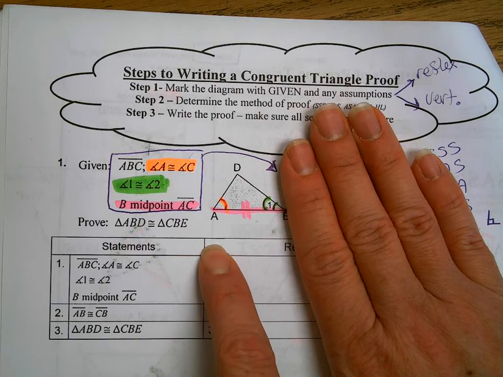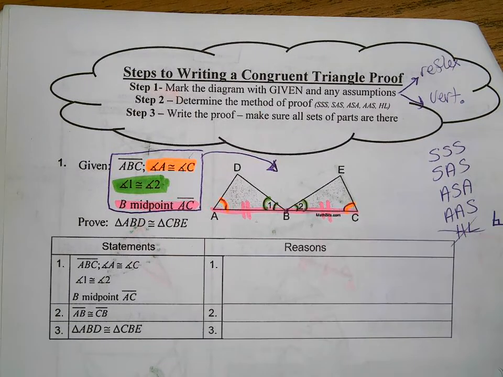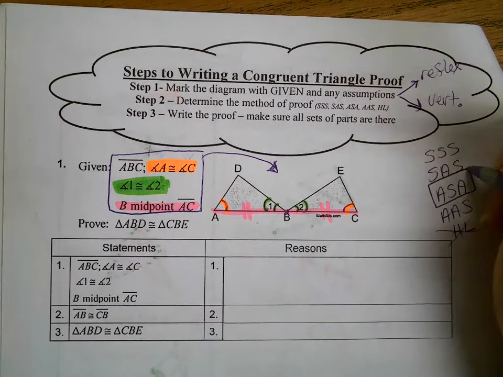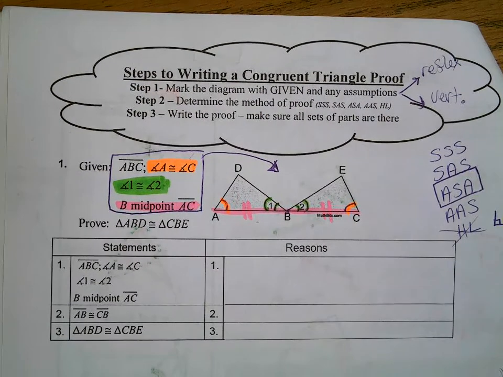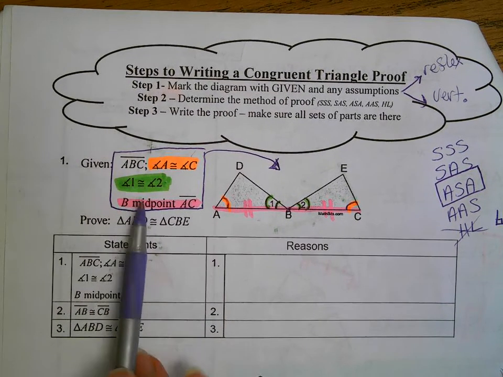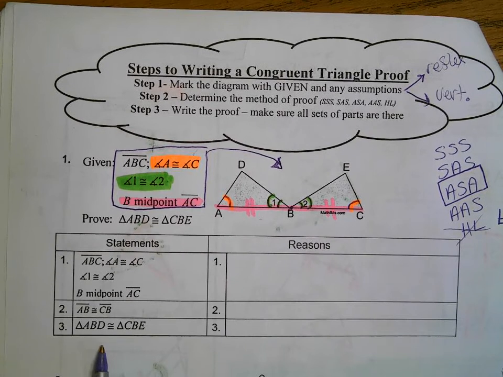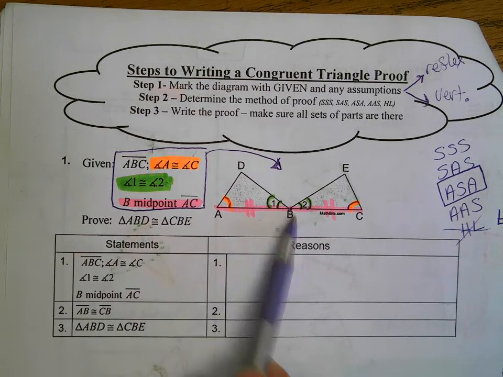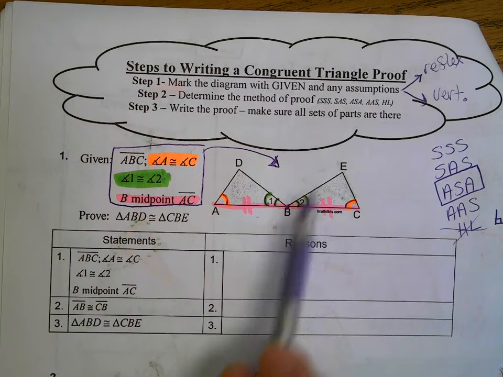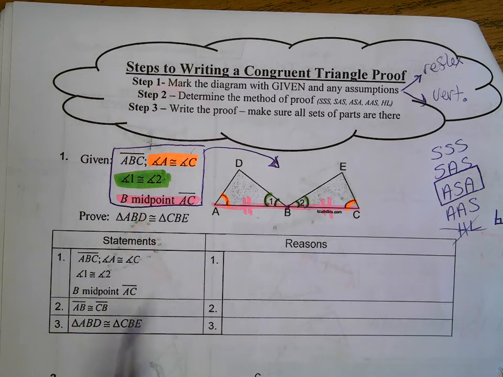So this triangle is congruent to this triangle by angle, side, angle. So how that formats into the proof: this given information is asking us to prove, as our conclusion, that triangle ABD and triangle CBE are congruent to one another.